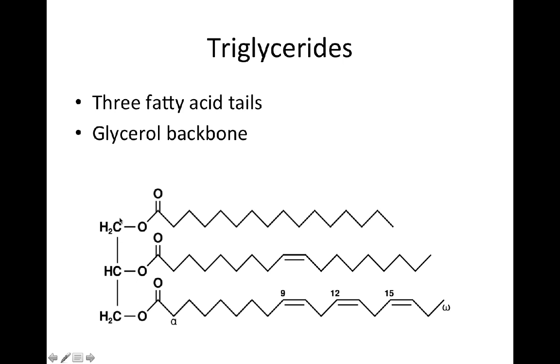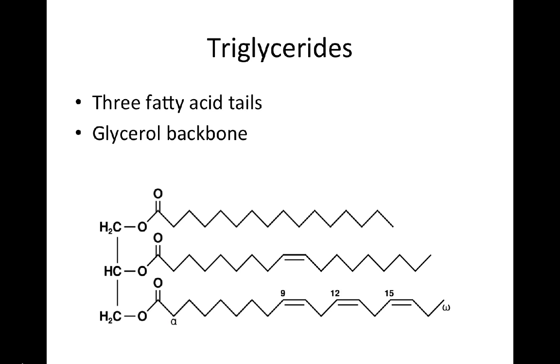It's called a tri because there are three fatty acids attached to it. The glycerol is this part of it. This is a substantial way in which the fatty acids are stored in your body, and is a substantial source of fatty acids within the foods that we consume as well.